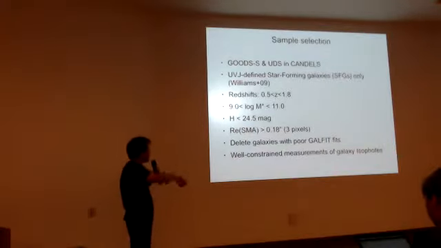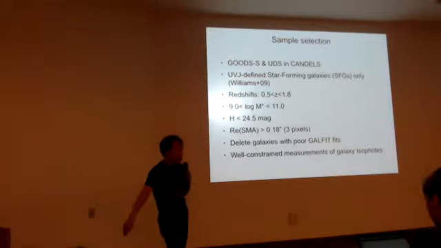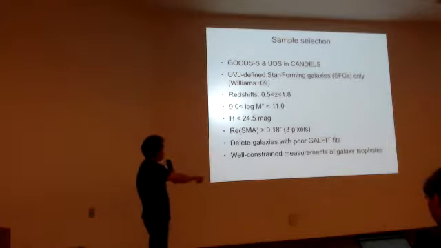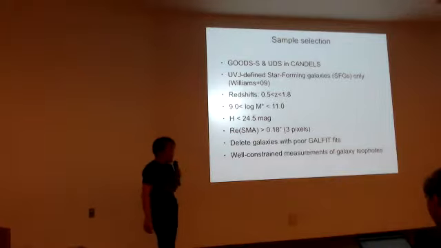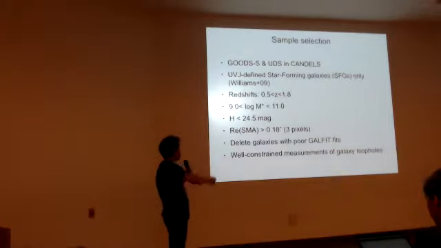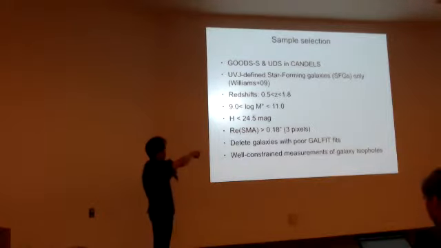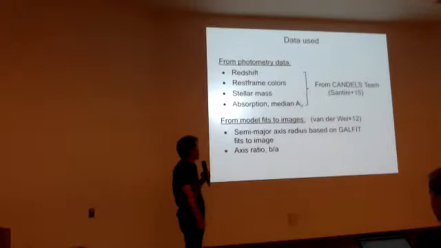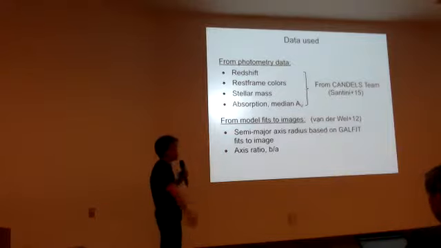Here are the sample selection criteria. The sample used in this work was selected from the GOODS-South and UDS fields in CANDELS. For UVJ-defined star-forming galaxies only, redshifts between 0.5 and 1.8, stellar mass between 10^9 and 10^11 solar mass, and so on. Global data come from the CANDELS team.